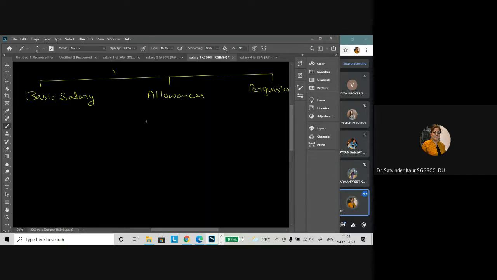Nowadays gym facilities, club facilities, club membership fee, and many more items are being introduced. Over a period of time, these new items have come up, but again, we have to see how these benefits are to be included, or how the value is to be calculated, whether it is tax free or taxable, and on what basis it is going to be taxable. So we'll discuss all these things step by step.